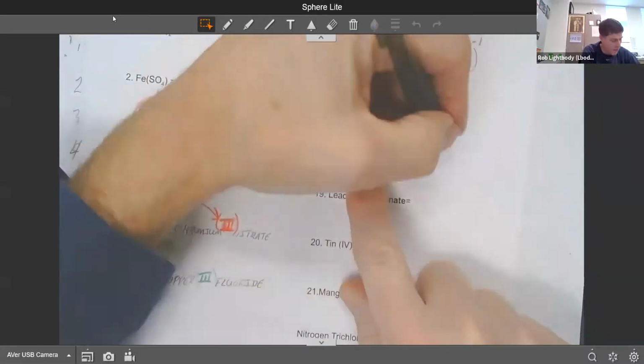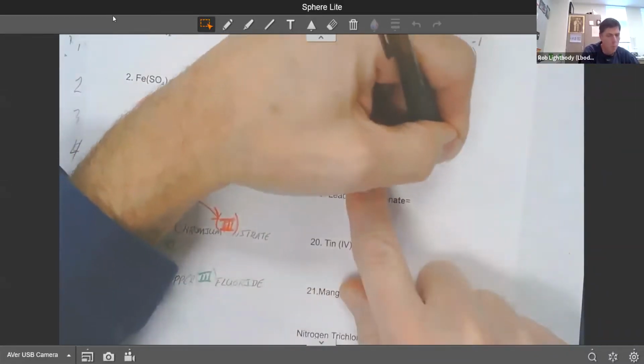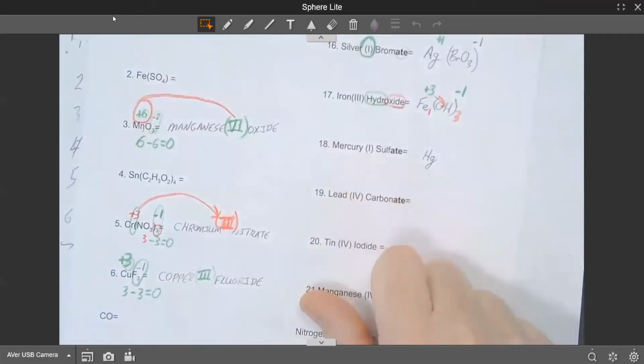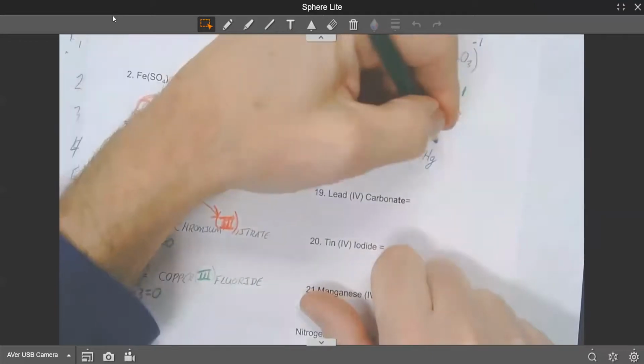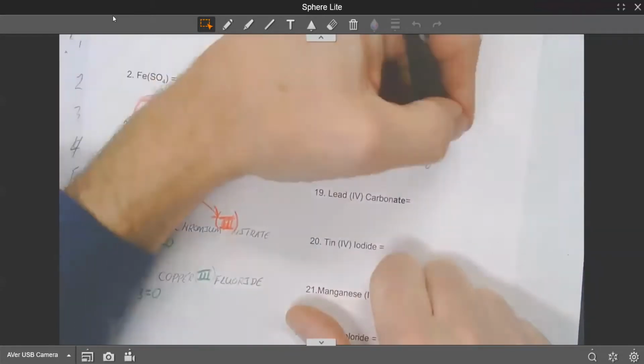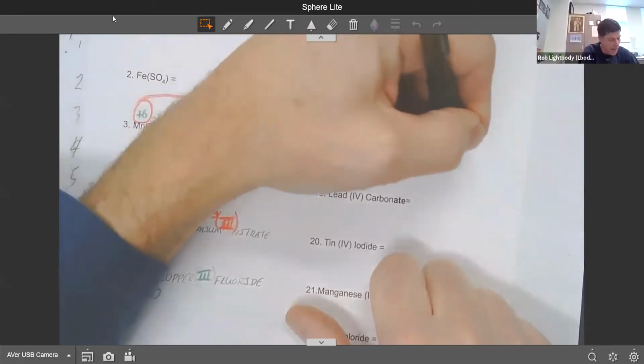Mercury, I'll give it to you. Hg, what do I know about it? +1 charge. Sulfate. What is sulfate? SO4 -2. Excellent way to say that.